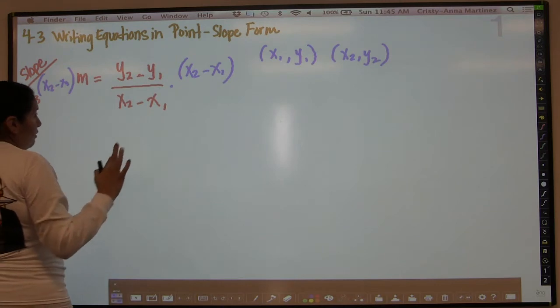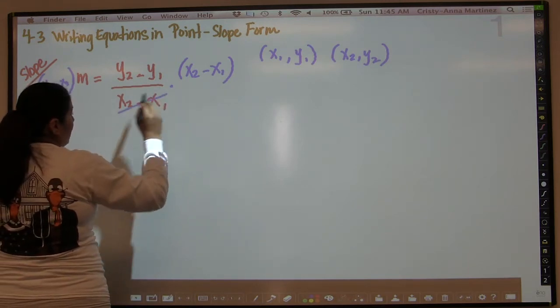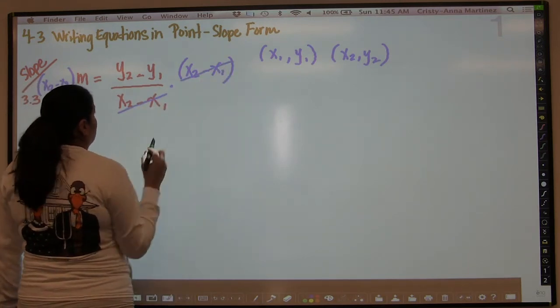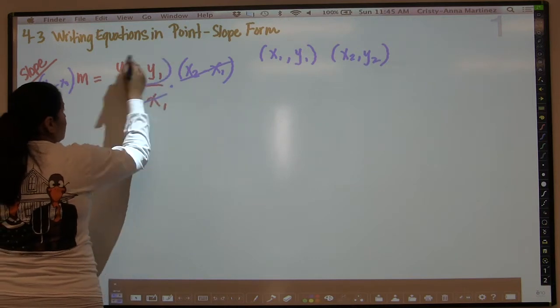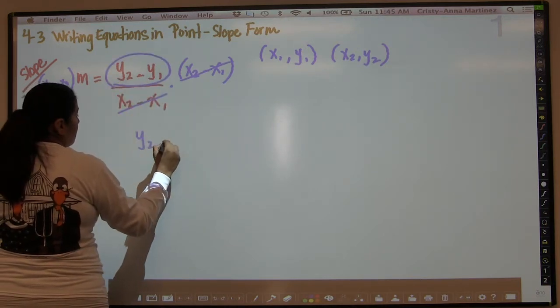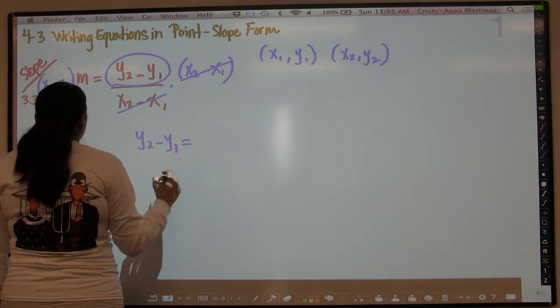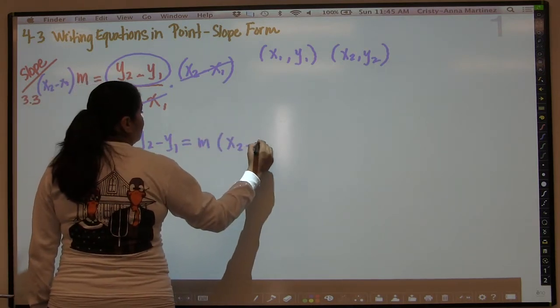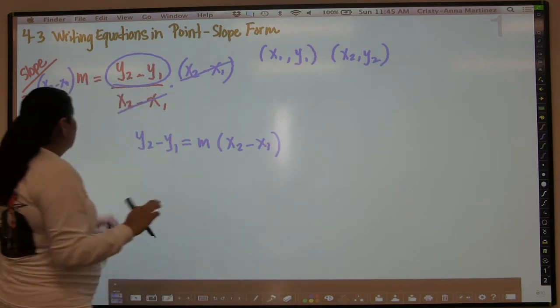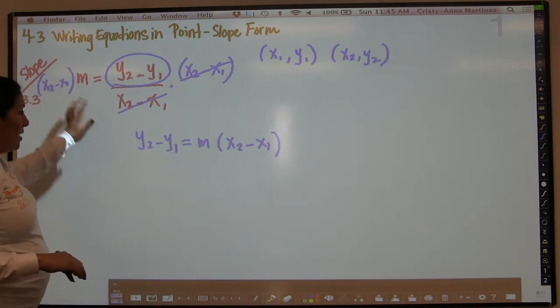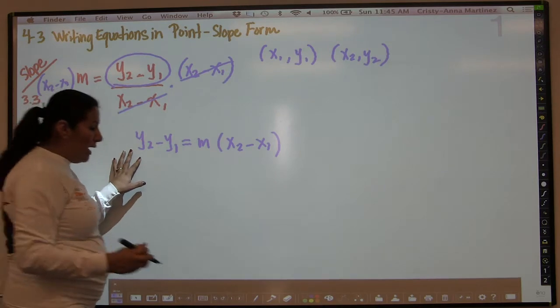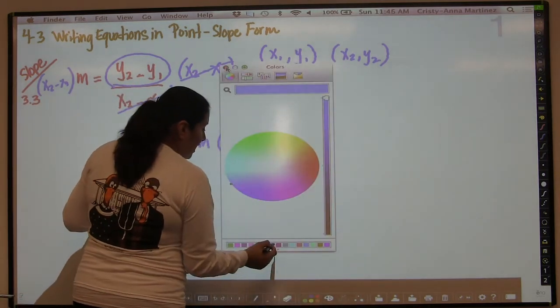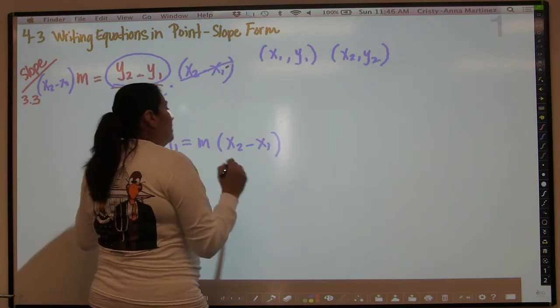On the right-hand side this factor would cancel with that factor and you would be left with just y2 minus y1 equals m times (x2 minus x1), because on the left-hand side it wouldn't cancel. So you would actually get this. Well, believe it or not, this is actually today's formula.